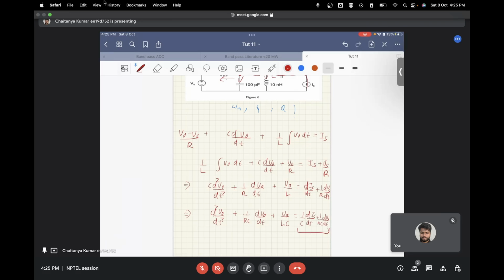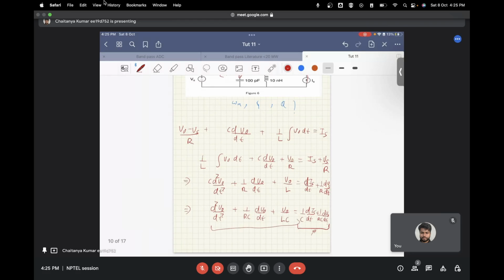So these are the way the input will affect the system, and this is the natural response of the system irrespective of the input.